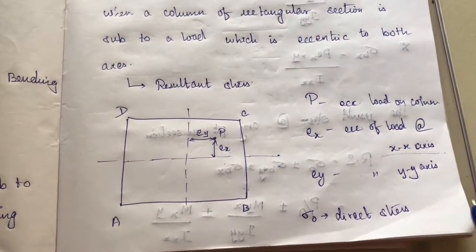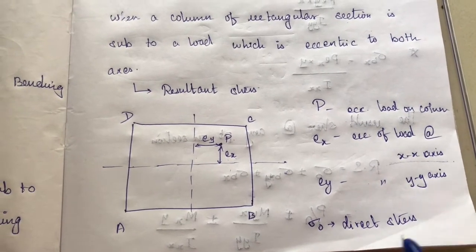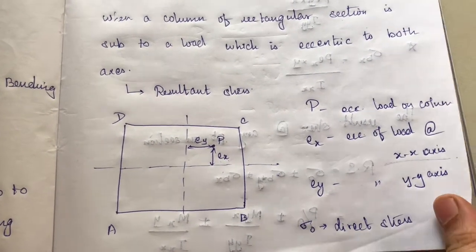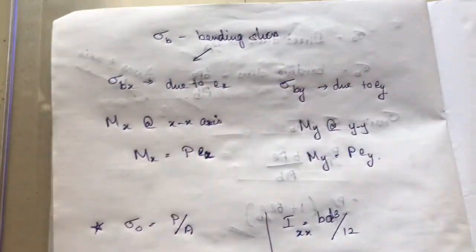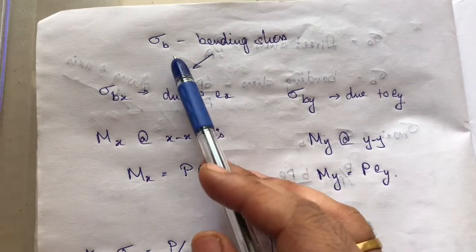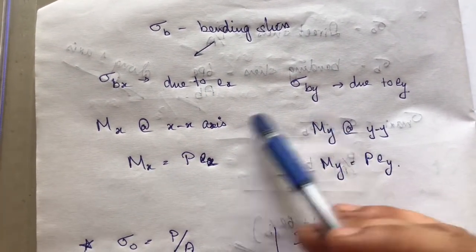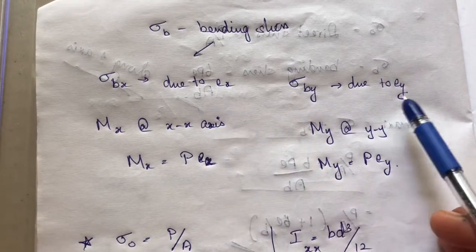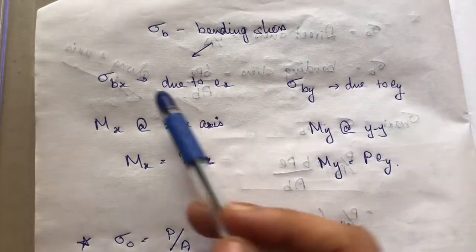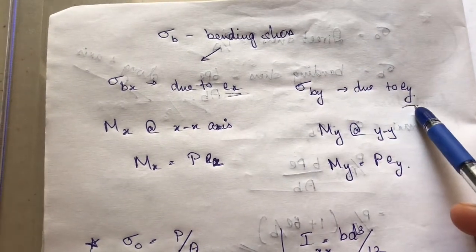P is just a load, eccentric to both axes. Okay, and then sigma naught, which is nothing but direct stress. Sigma B means bending stress, right? But here there are two axes, so sigma BX, sigma BY. So there are two axes, due to EX and due to EY. Sigma BX means due to EX, sigma BY means due to EY.